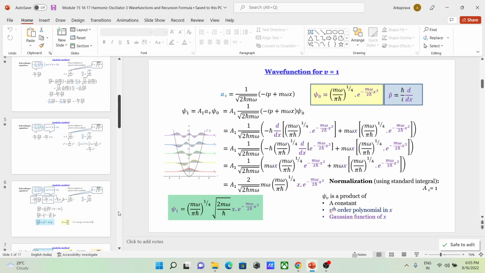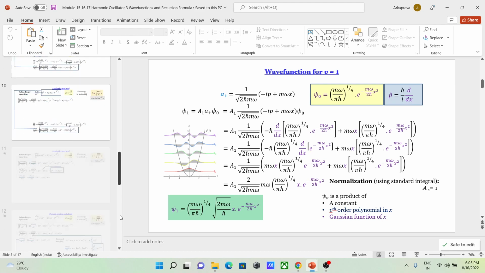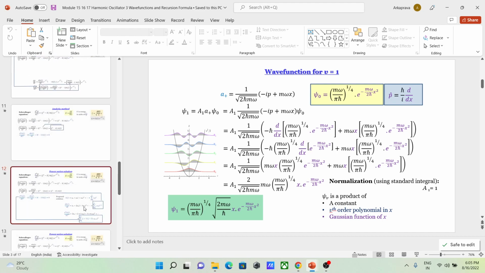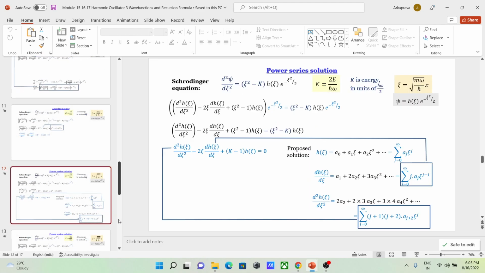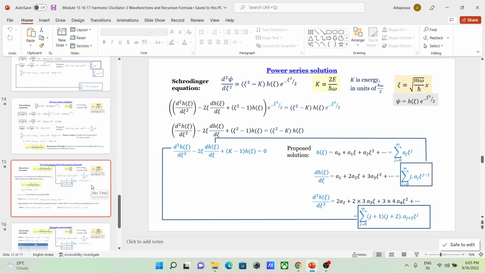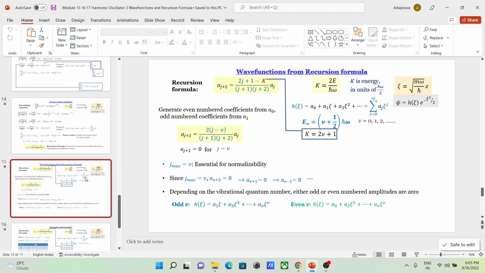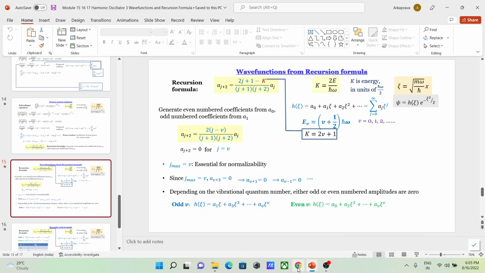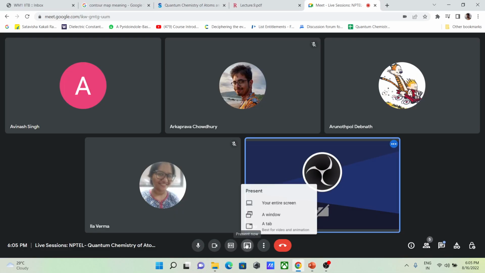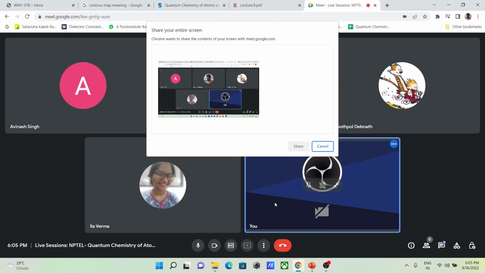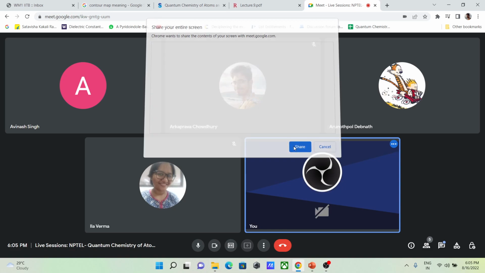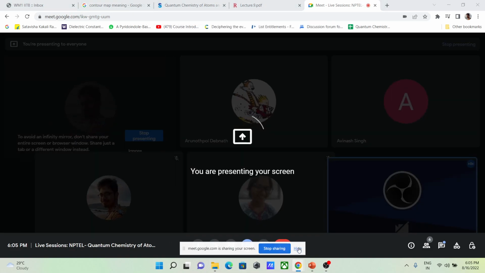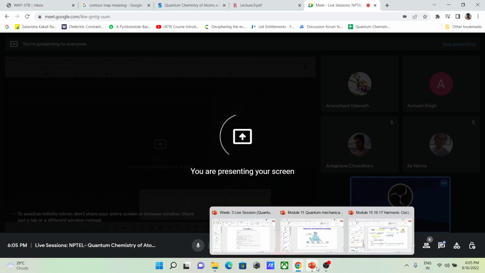Let me find that out and I'll share it with you. Currently I'm finding the equation. Let me share the screen. You can see my screen right now, right?